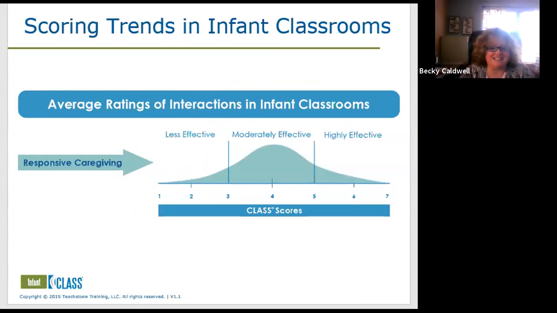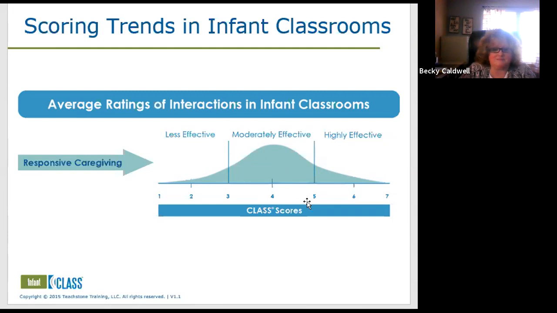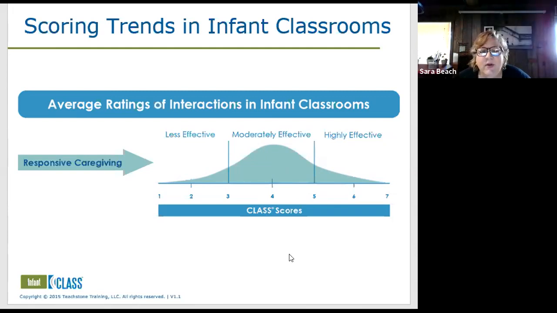All right, now what I wanted to show you with this chart is that most class scores for infant classrooms are falling in the moderately effective or the mid-range, okay? When you average things out and you look at classrooms all over the country for infant care, we're scoring in the mid ranges. And so for this domain of responsive, for all 4 dimensions, there's a lot of room to grow.